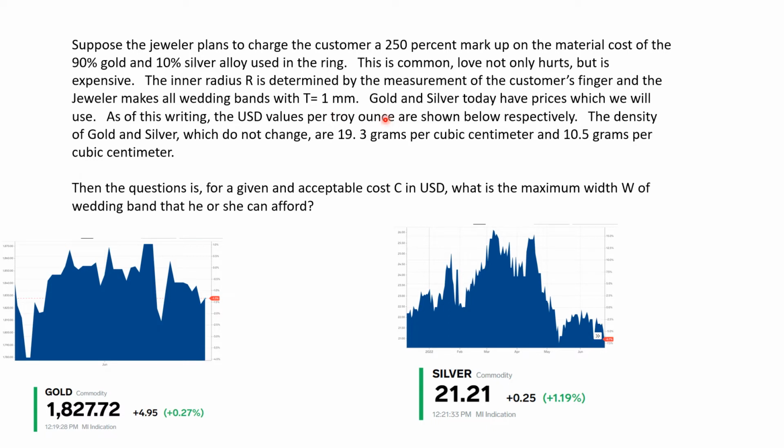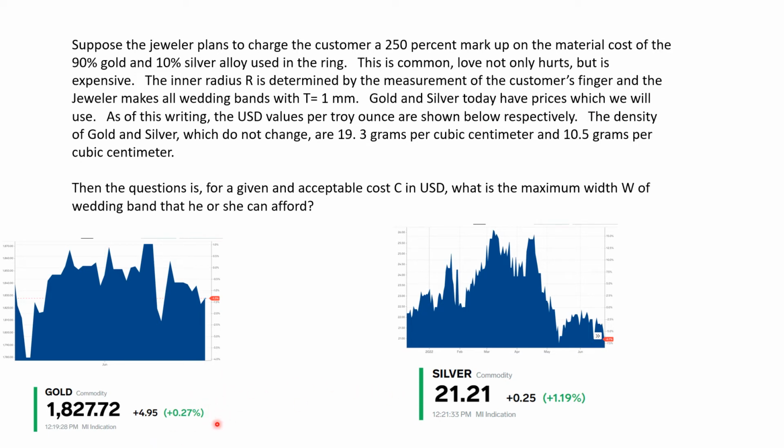Now, gold and silver prices do fluctuate. They are commodities that are traded actively, and you can see there's a lot of volatility in these prices. Now, I checked moments ago, and as of this writing, the US dollar values per troy ounce are shown below respectively. So this is what you're going to be using in your calculations.